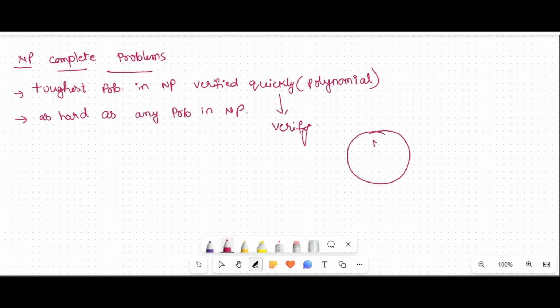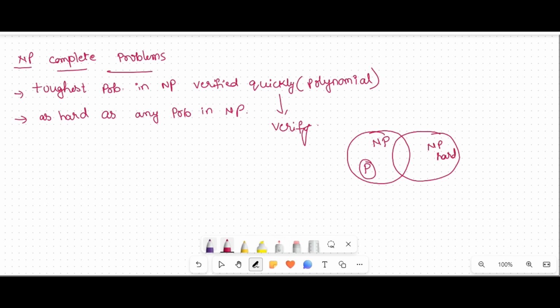You know already all these are NP problems. Some of them are solved in polynomial time. But you have the toughest problems, NP hard.